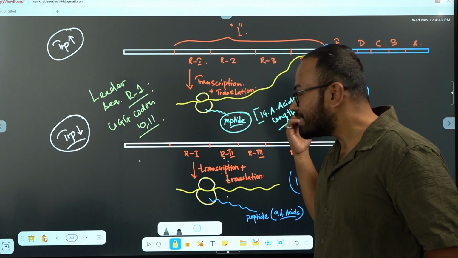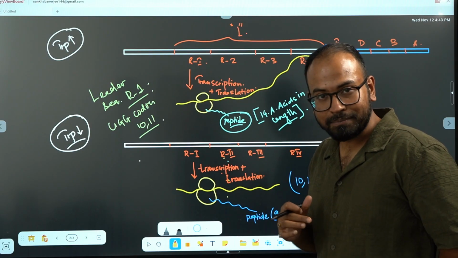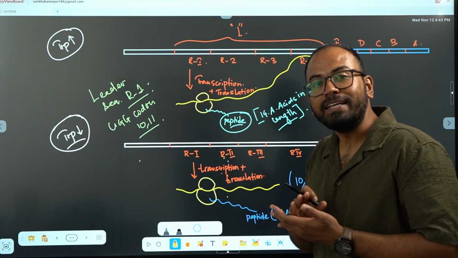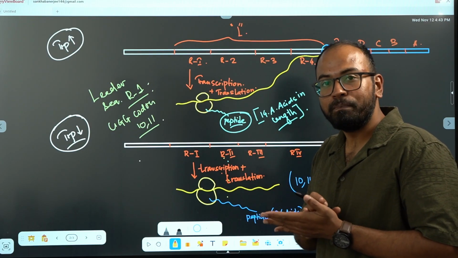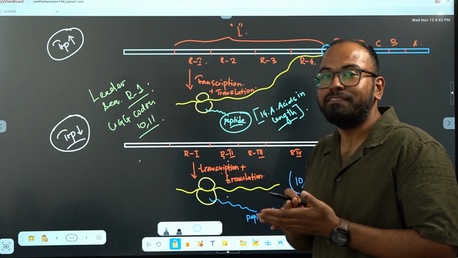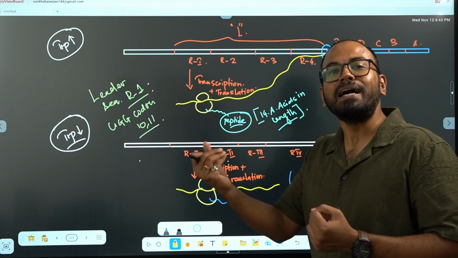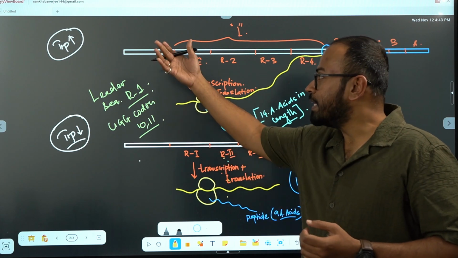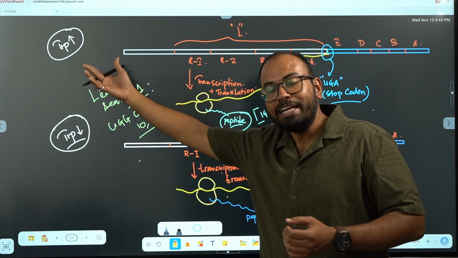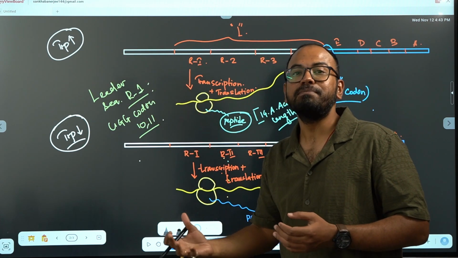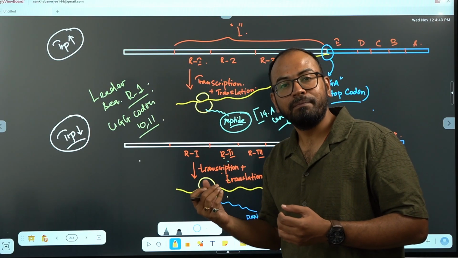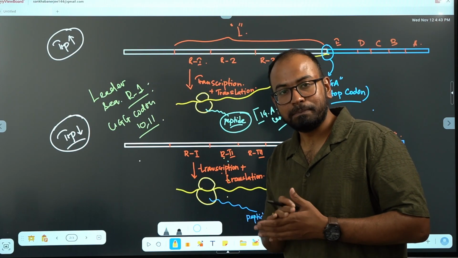It will start synthesizing the peptide as usual, and as the tryptophan level is high, regions 10 and 11, which encode tryptophan, will easily be passed because we have a huge amount of tryptophan already present within the cell. They will receive the tryptophan and the peptide stretch will occur.